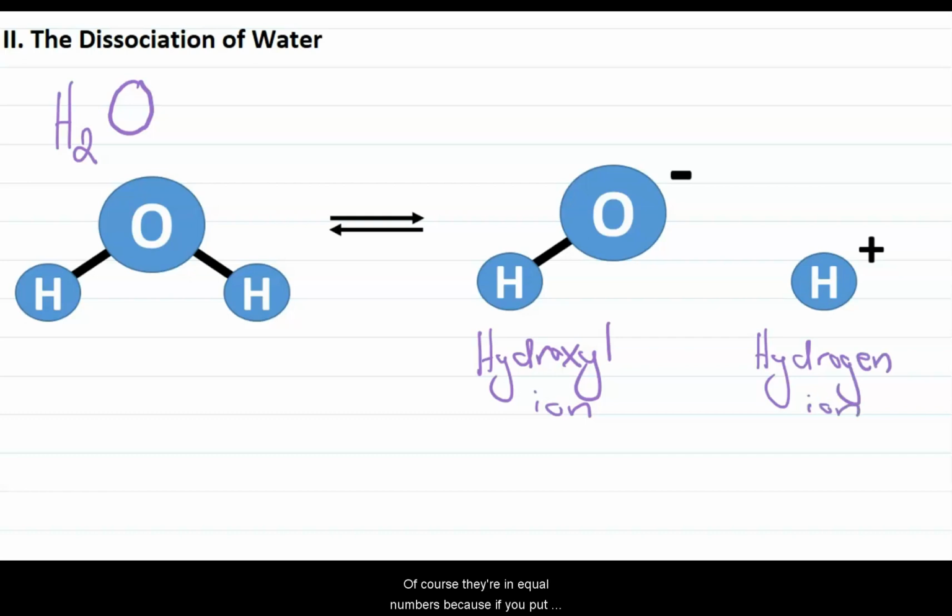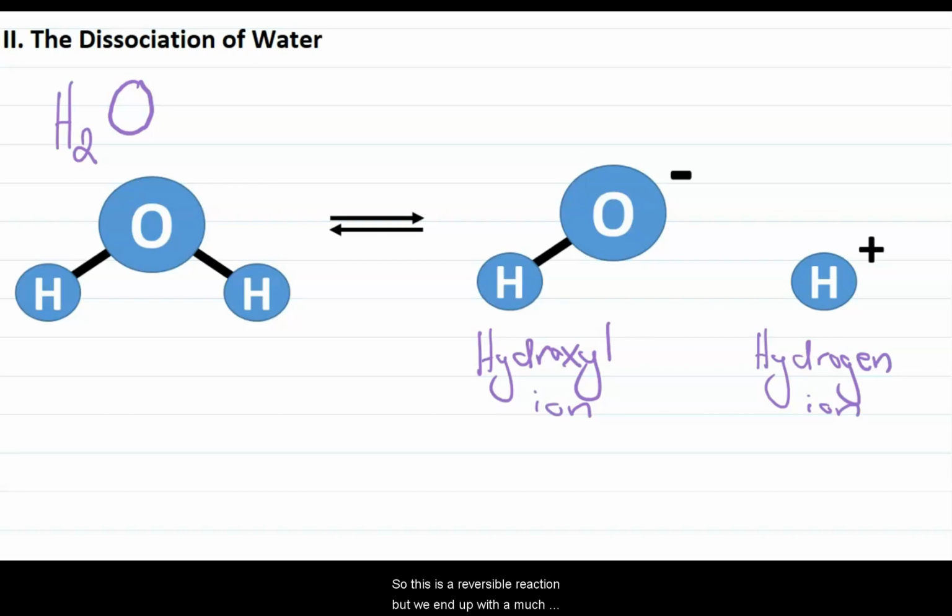Right? And of course they're in equal numbers because if you put them together, that reforms water. And really that often is what happens because this is a reversible reaction. So the water molecule will break apart, you'll get your hydroxyl ion and your hydrogen ion, and then they'll come back together and reform the water. And more often than not, we're reforming the water.